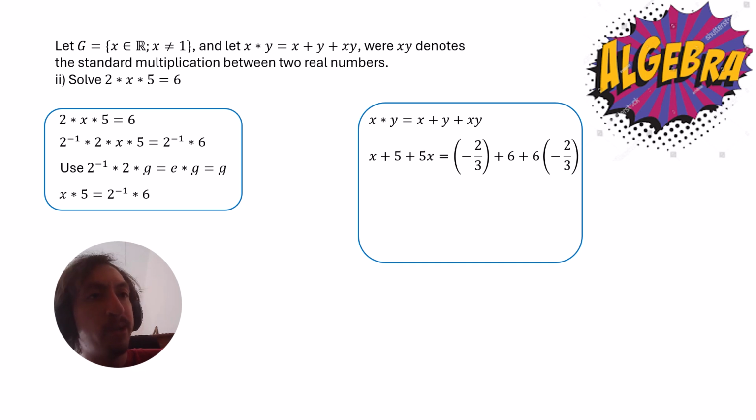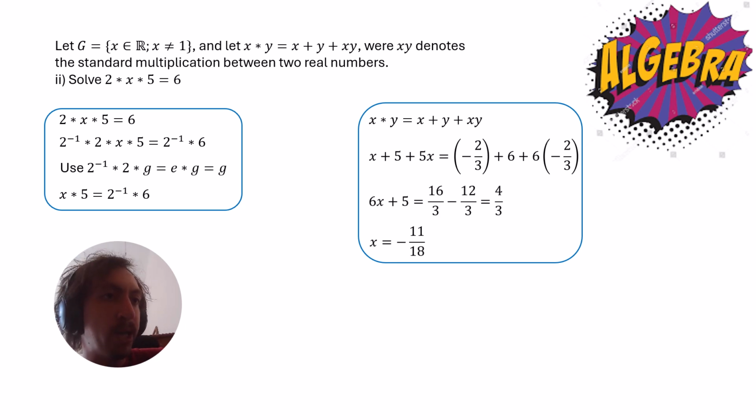So one way we could do it is by starring by 5 to the minus 1, but actually I realised on my notes, because star is fairly easily defined, we can just jump straight into replacing star with familiar addition and multiplication. And then we end up with this expression, and solving it we get x is minus 11 over 18.